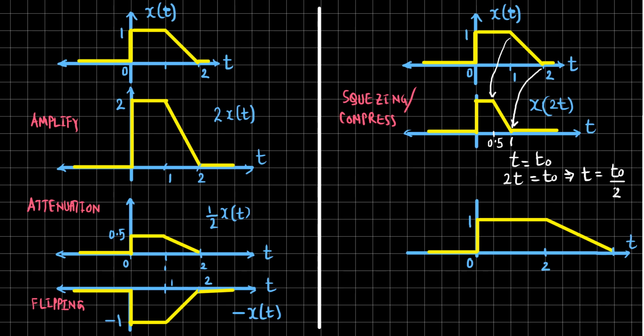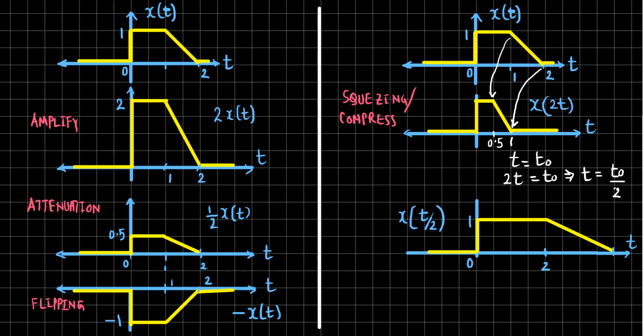Therefore, we can express this signal as x of t by 2. Why t by 2?